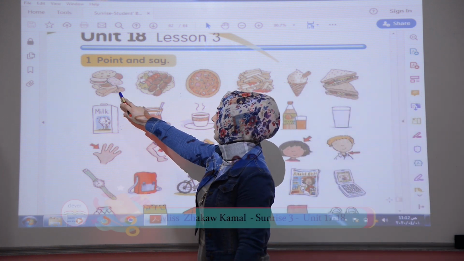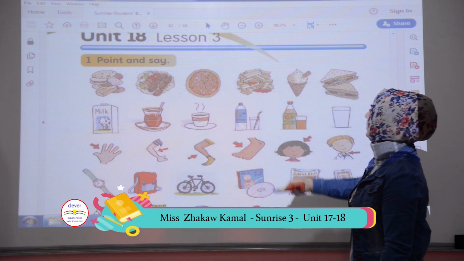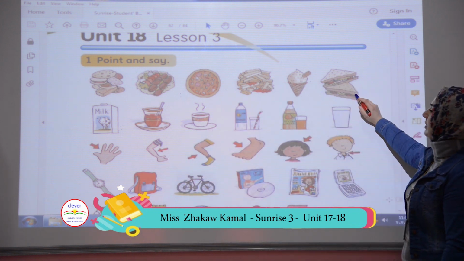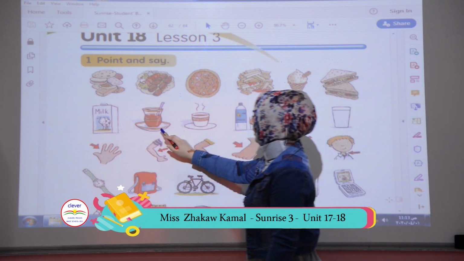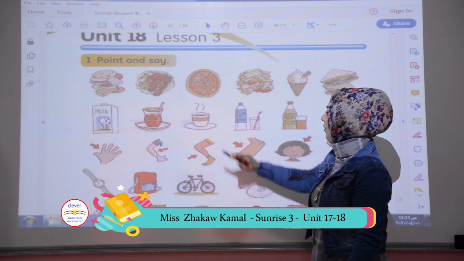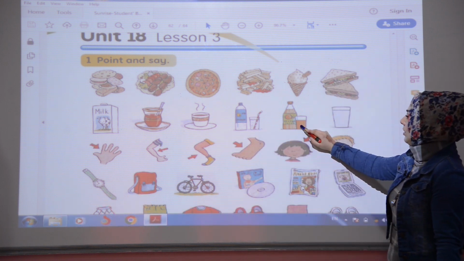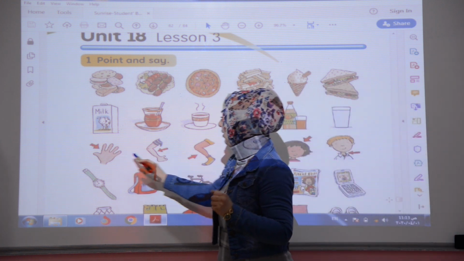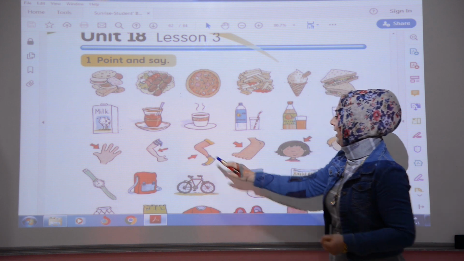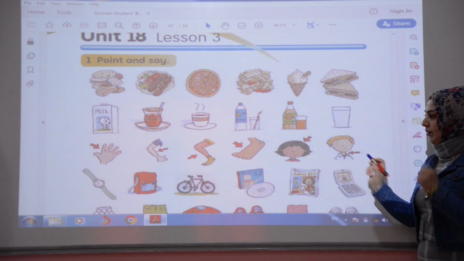We have biscuits, kebabs, pizza, chips, ice cream, sandwiches, okay? We have milk, tea, coffee, lemonade, oranges, and water. We have hand, arm, leg, foot, hand, neck.